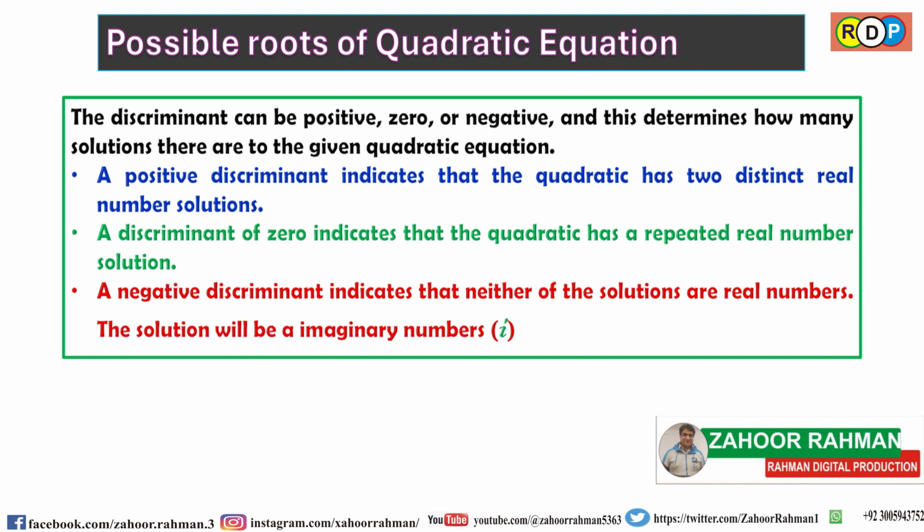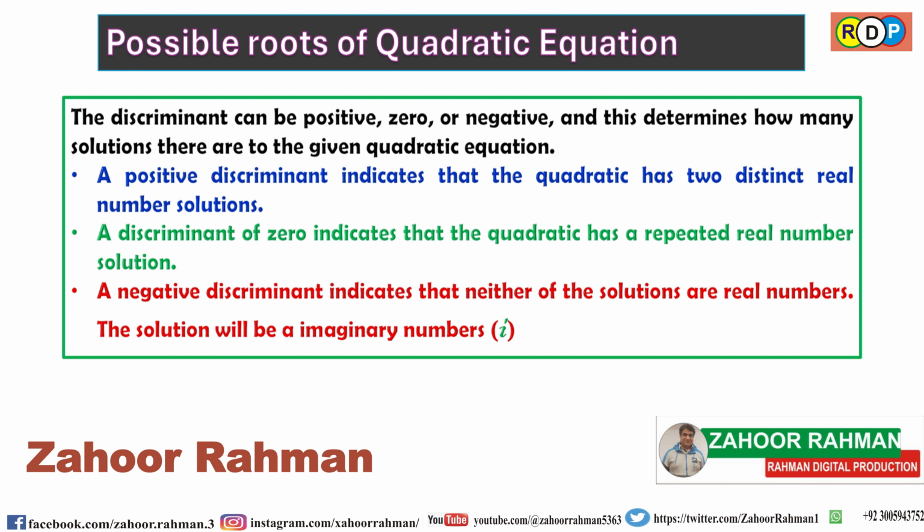For example, if root 1 is 5, then root 2 will be different from 5. It can never be the same. That is when the discriminant is greater than 0, meaning it's positive. So the second scenario is when the discriminant is 0.